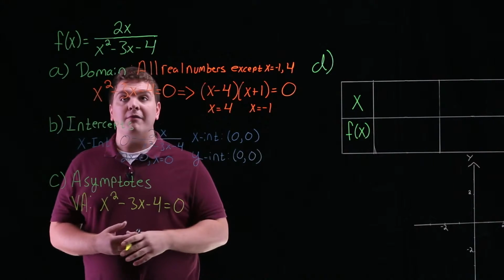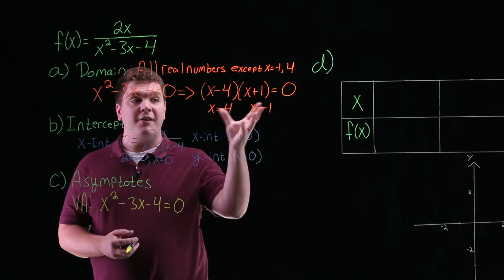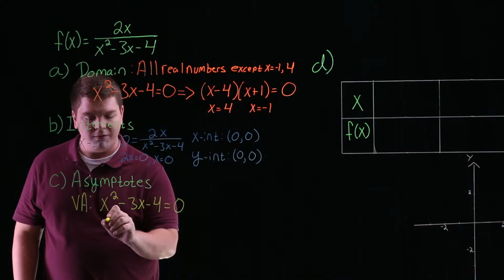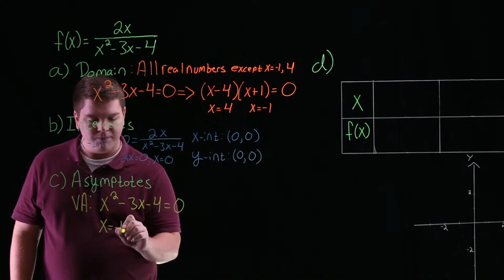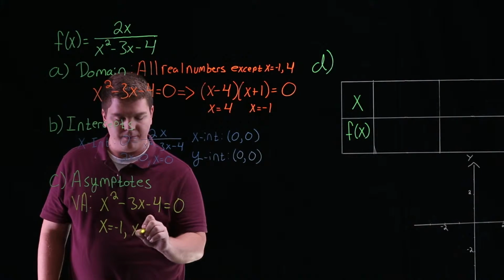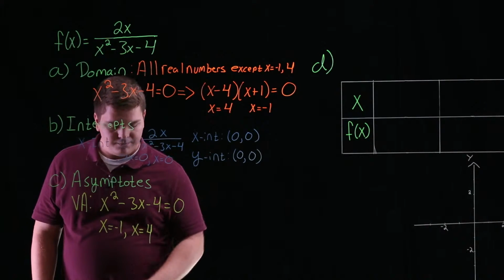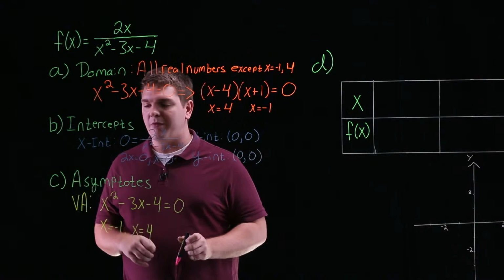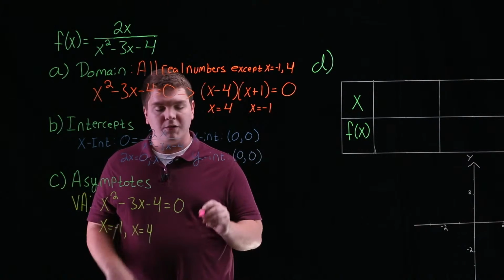And we actually already solved this when we did our work to find the domain. So we know that we're going to end up with two vertical asymptotes, one at x equals negative 1, and another vertical asymptote at x equals 4. Now, the other type of asymptote we want to look at is the horizontal asymptote.